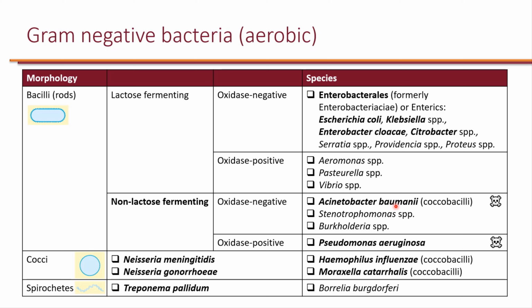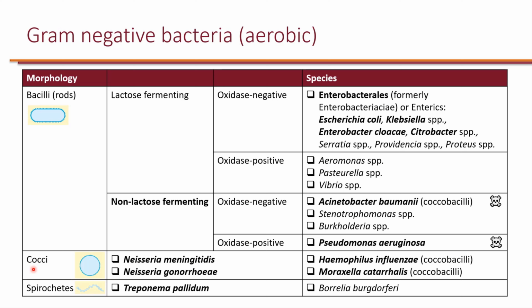And also Acinetobacter baumannii, which is less severe than Pseudomonas but can be more resistant to a lot of antibiotics. And then Stenotrophomonas and Burkholderia also can be very, very resistant, and they are typically more common in immunocompromised patients.